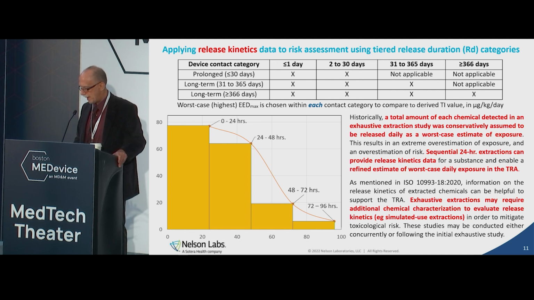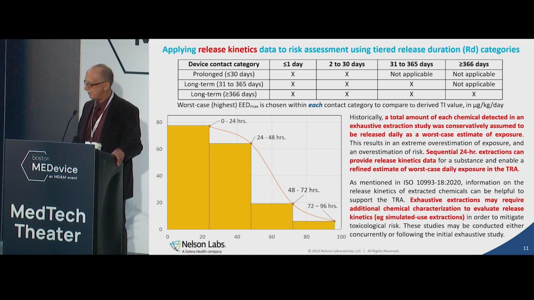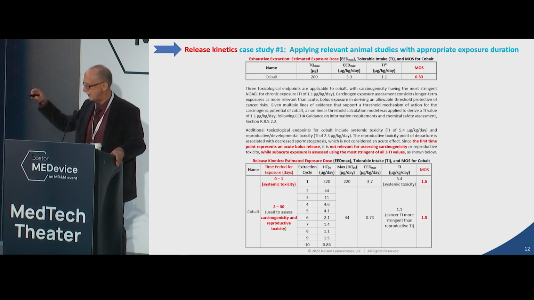Now, I would not recommend people just skip the exhaustive on an implant, or you'll get in trouble with FDA going directly to release kinetics. They want to see what happened and how much you saw and what it was before you can do the second step of a release kinetics. In Europe, you might be able to write a rationale. I've seen that done quite successfully. So regulators are a little different on different sides of the pond here.